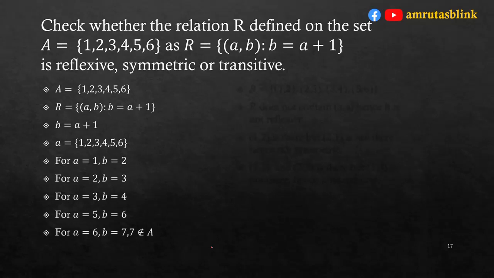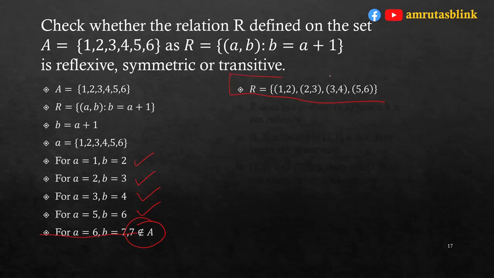But this 7 does not belong to A and hence we cannot take this value for a = 6. So relation R can have these 4 pairs: (1, 2), (2, 3), (3, 4) and (5, 6). Hence we can define the relation R = {(1, 2), (2, 3), (3, 4), (5, 6)}.